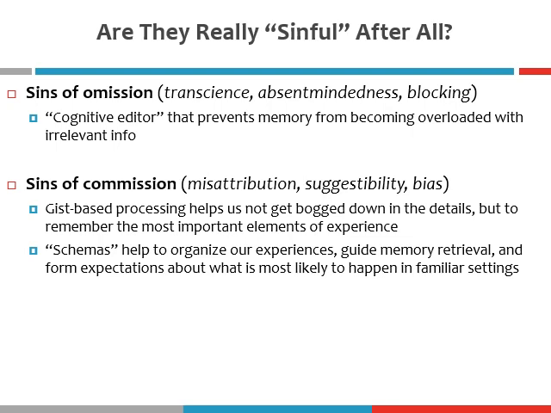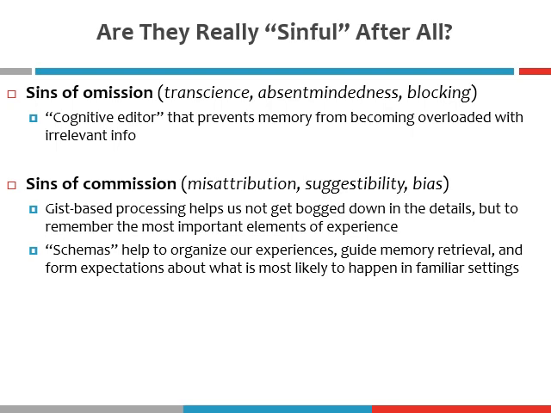And even in the case of bias or memory errors that result from relying on schemas, right? Most of the time, schemas are very helpful. Like I said, schemas are going to help us to organize our experiences. They're going to guide our memory retrieval and help us generate what is most important or what is most consistent, right?